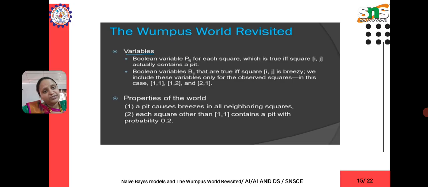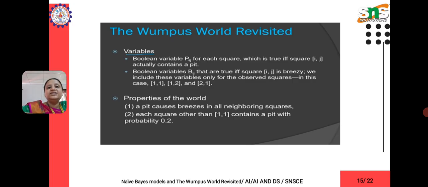The first thing is the variables. The variables involved are the Boolean variable P(i,j) for each of the squares, which is true if and only if the square (i,j) contains a pit, and the Boolean variable B(i,j), which denotes the breezy values.